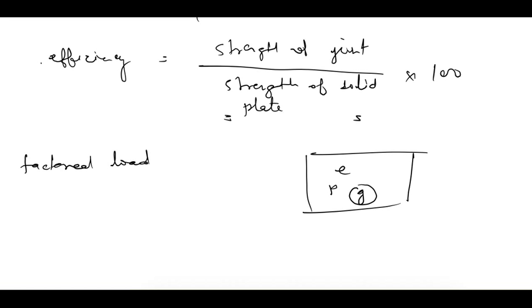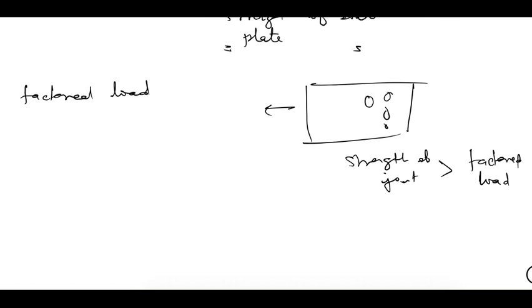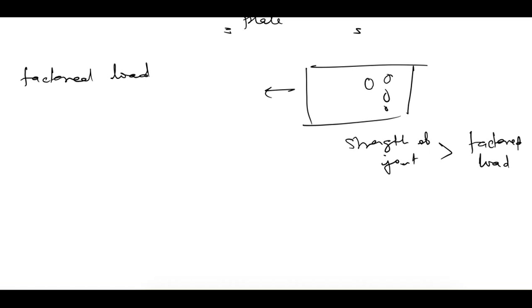So using these distances we will do some arrangement of the bolts, and then we find out the strength using this formula we have just discussed, and we will see that this strength of joint should be greater than this factored load, then our design would be safe. So we'll see one example for that.